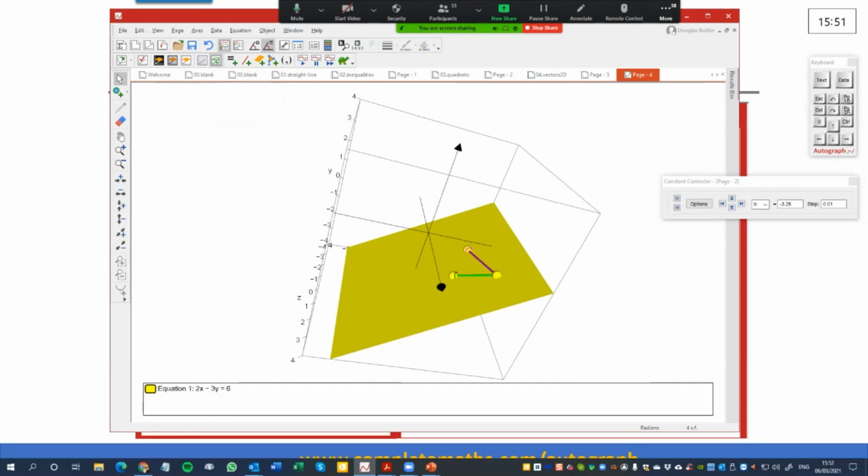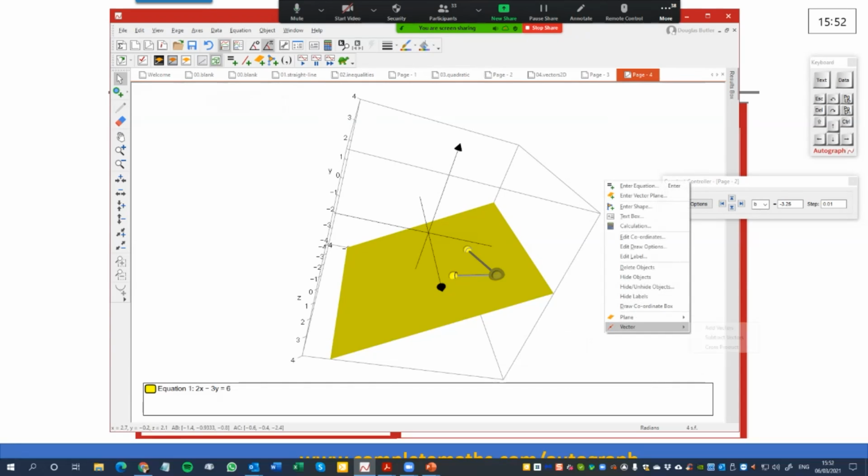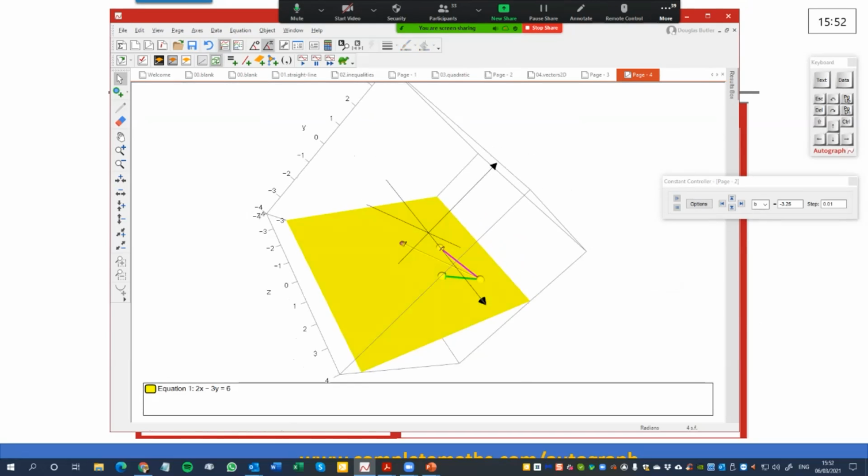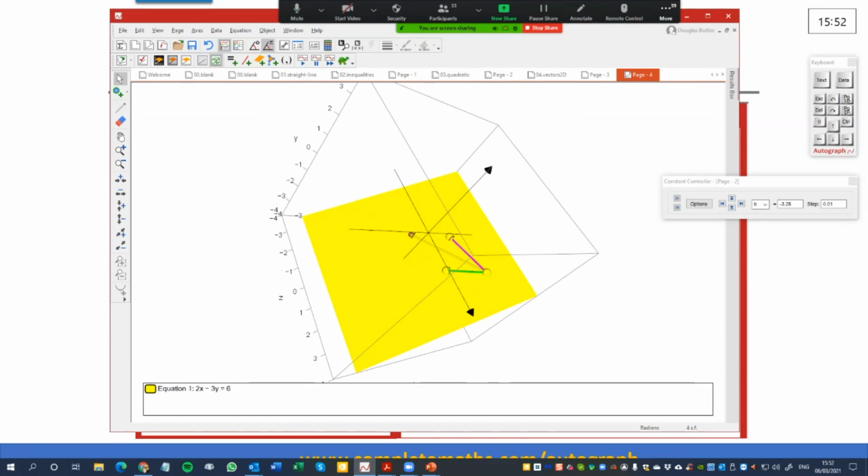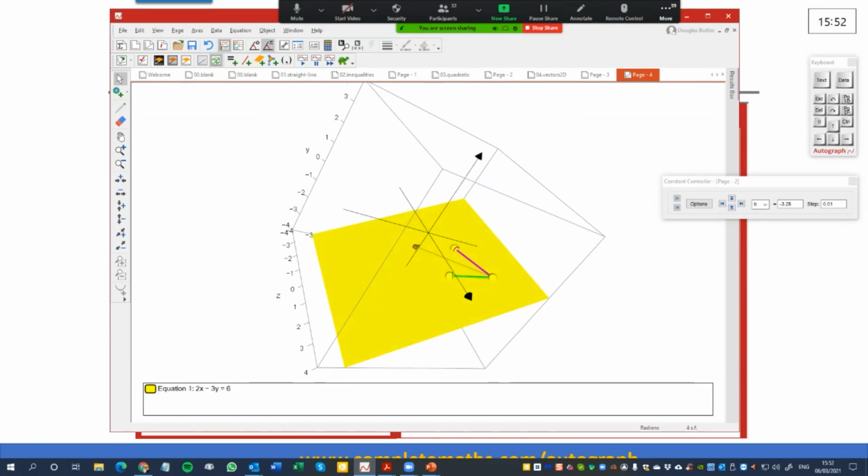If I now add these two together, that one added to that one, that's better, that one and that one, and put the answer here. You always have to have a point to put the answer, because obviously these vectors could be anywhere. And right click, vector, add. That's pretty remarkable, isn't it? You get another vector on the same plane, and I think that's very important.